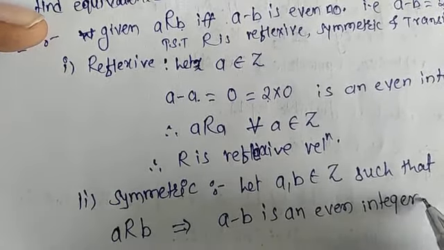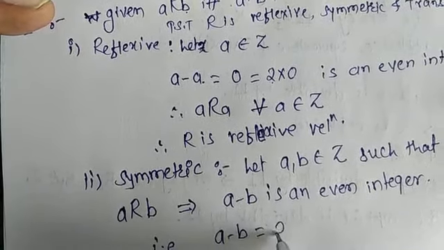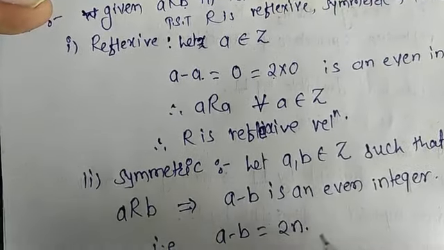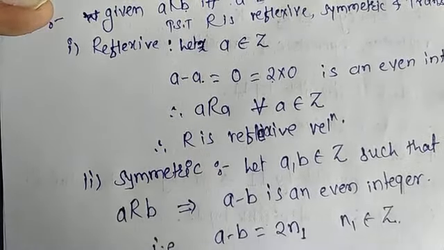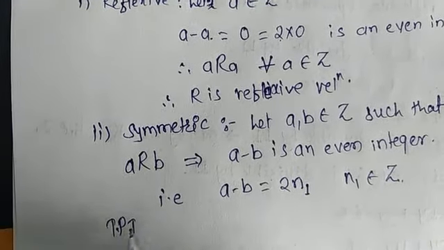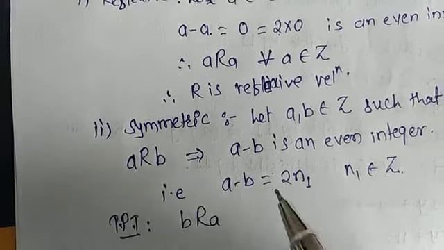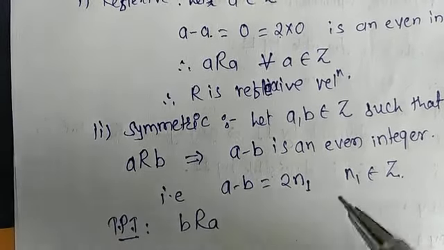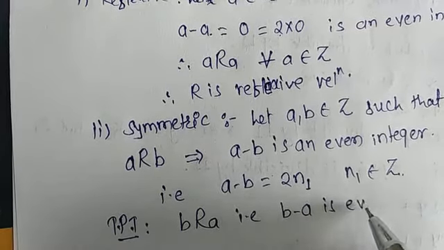That is, a minus b is equal to twice n1, where n1 belongs to Z. And to prove that, we have to prove that b is related to a. For symmetric we have to prove b related to a, that is b minus a is an even integer.